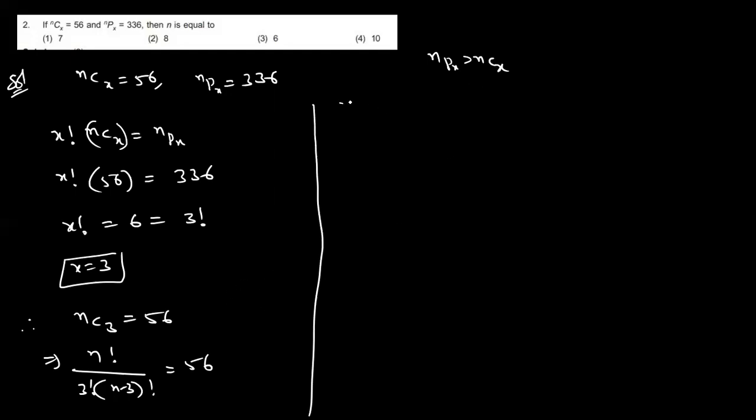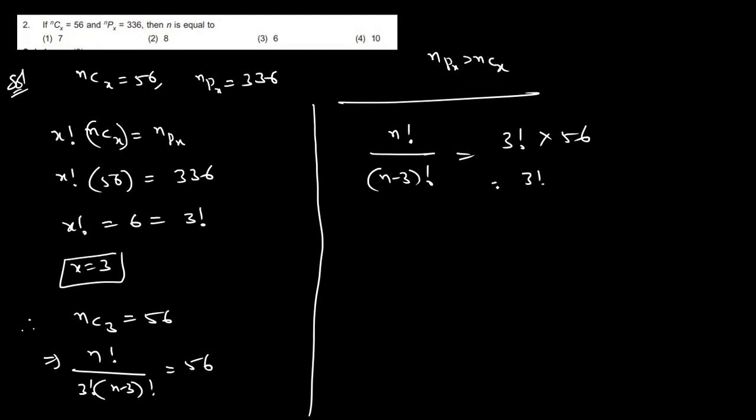See, n factorial by (n minus 3) factorial is 3 factorial into 56. Simplify. 3 factorial is 6, so it is 8 into 7 into 6.